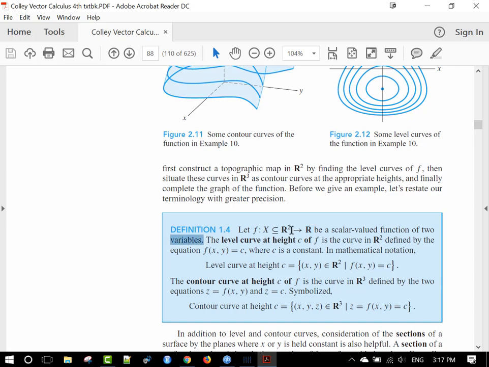The level curve at height c of f is the curve in R2 defined by this equation. So c is just a number now, so this is just a function of 2 variables in R2, where c is a constant.